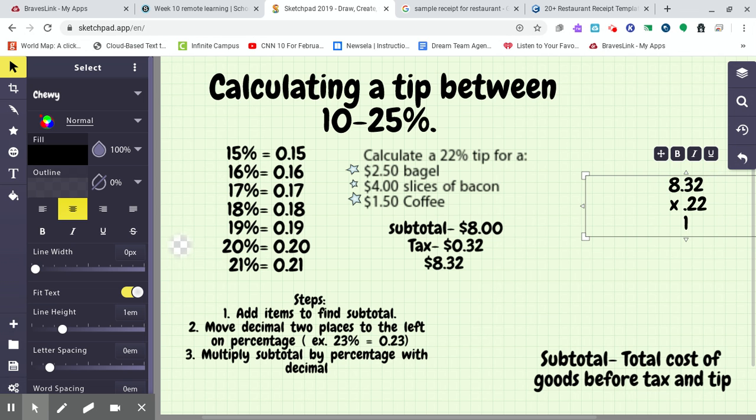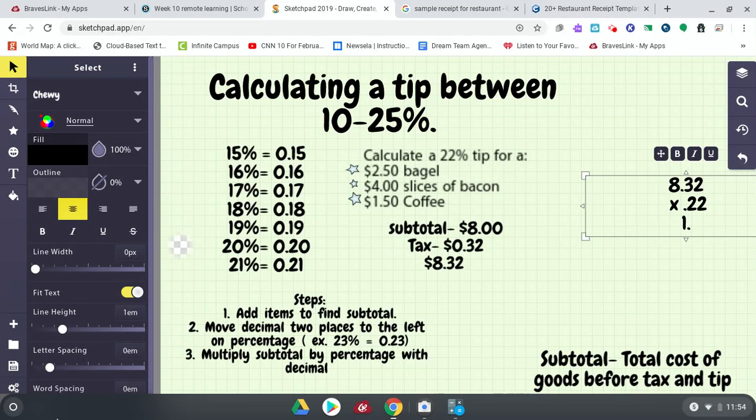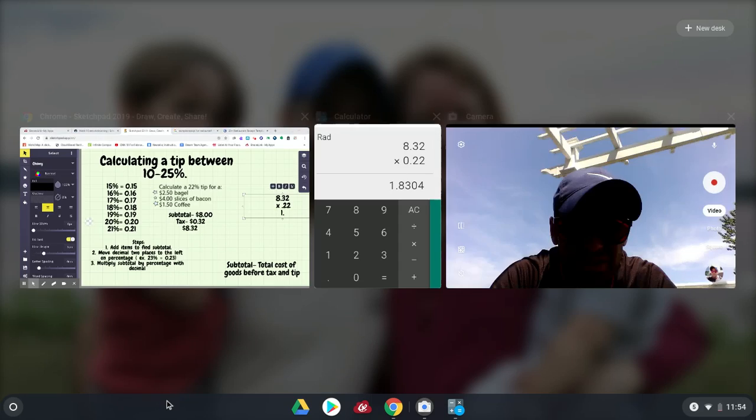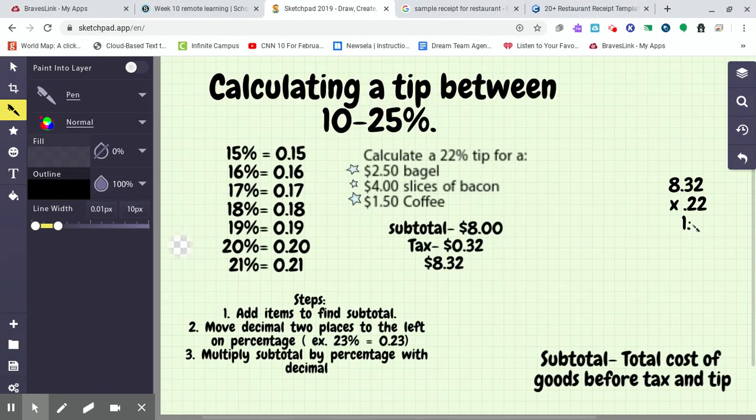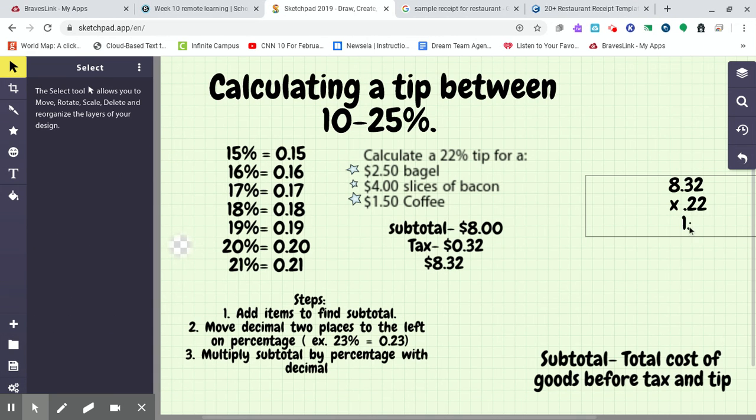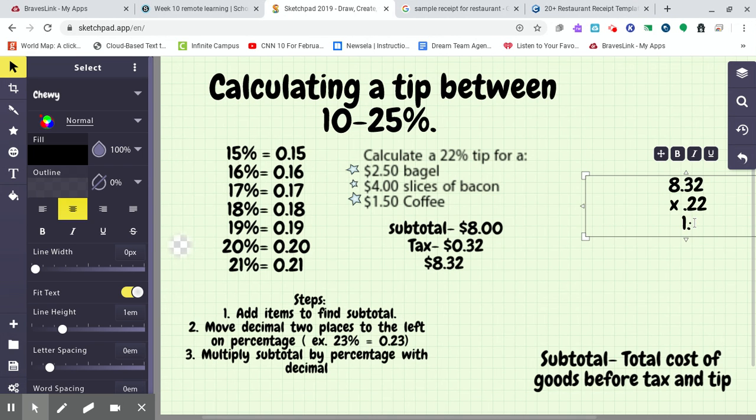So that's what we had been figuring out up to this point. So we have now the tip. So $1.83 is the amount that I'm giving for a tip. So the final step that you guys are adding today is you're going to add the subtotal of $8.32 plus the tip to see the total.